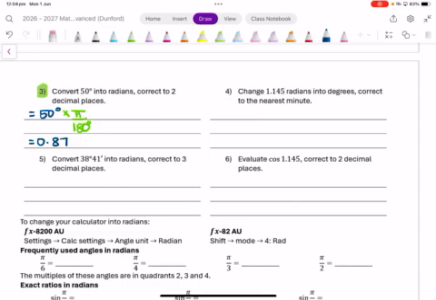Okay, our next one, we want to go from radians to degrees. So we have 1.145 radians, and we want to get that to degrees. So we start with our 1.145. We then multiply that by 180 over pi.